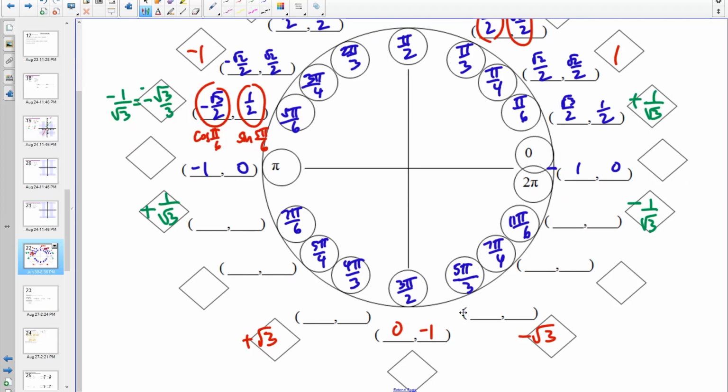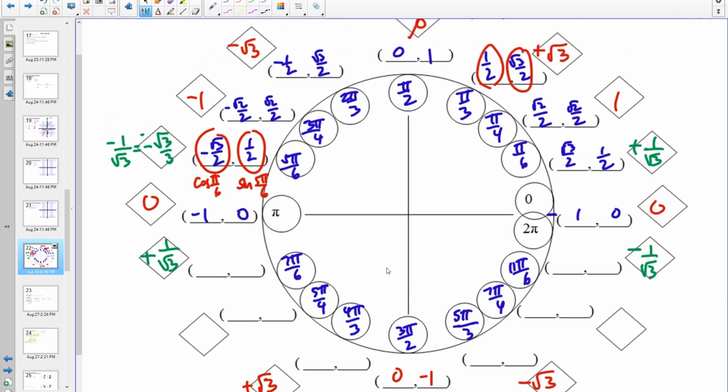So down here, the tangent value is negative 1 divided by 0, which is also undefined. The tangent value here is 0, 0 over 1, which is really 0. And the tangent value over here is 0 over negative 1, which is really 0. Okay, and you can figure out the rest of that.